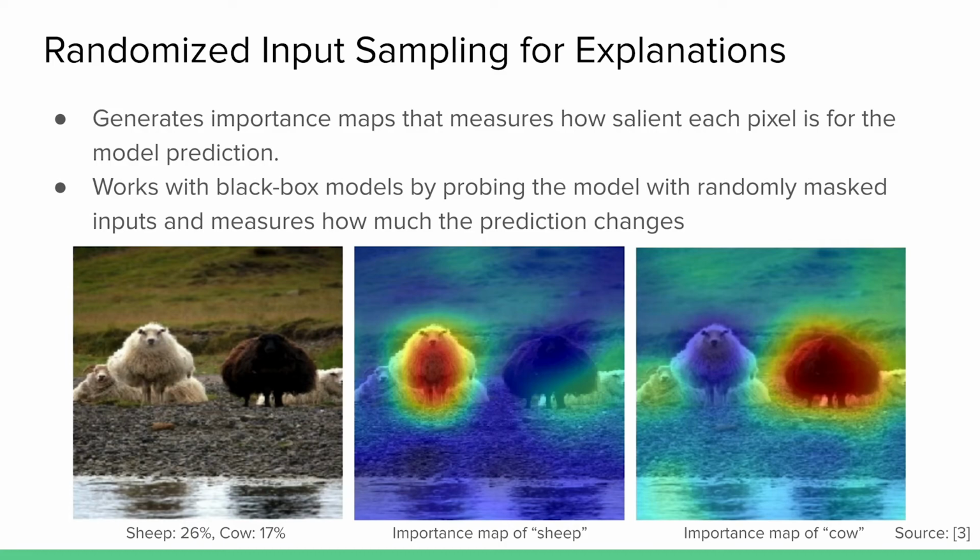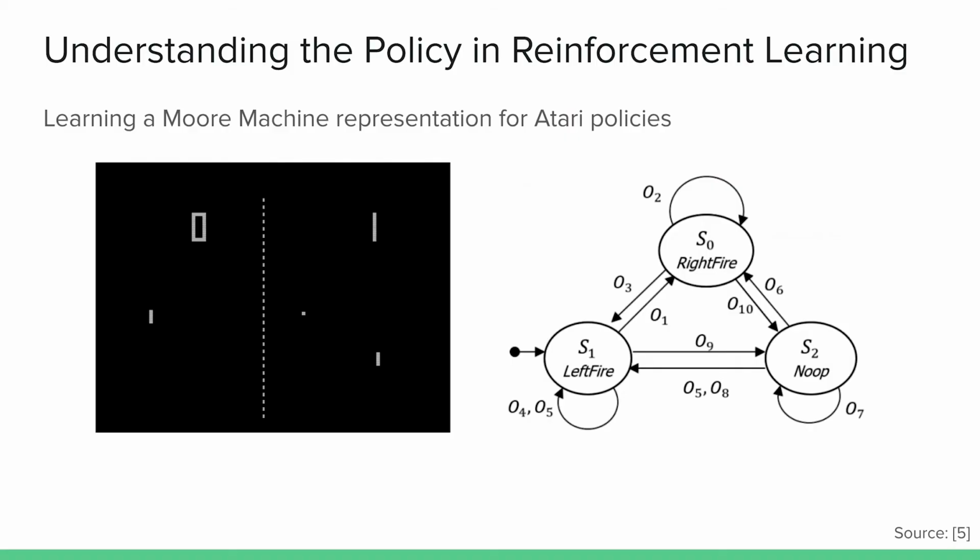RISE. When we leave our domain of visual computing, we can also look at reinforcement learning and how we can learn finite state representations for recurrent neural networks in those situations. The problem we most of the time have is that we can learn a policy, but the policy is very complex to understand.